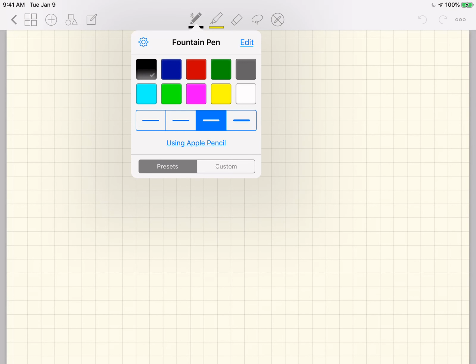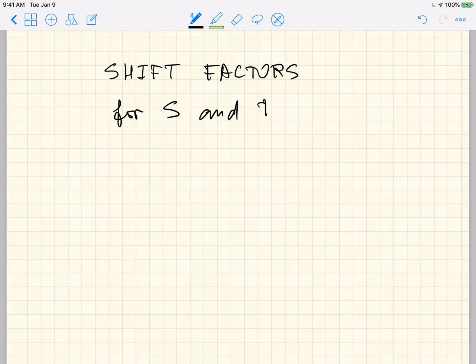Just one final thing is to make sure you understand and remember those shift factors. So shift factors, we talked about this earlier. Now you have to refresh your understanding of this stuff again. So shift factors for supply and demand.